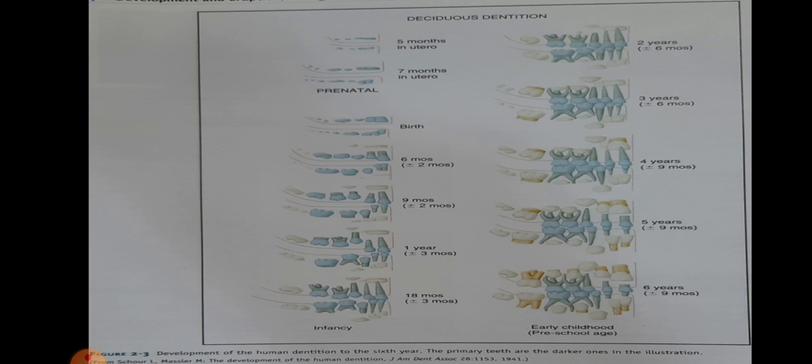At this time of development, the presence of teething problems suggests how the primary dentition can affect the development of future neurobehavioral mechanisms, including jaw movements and mastication.